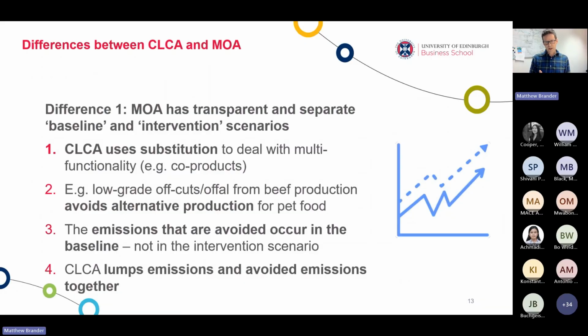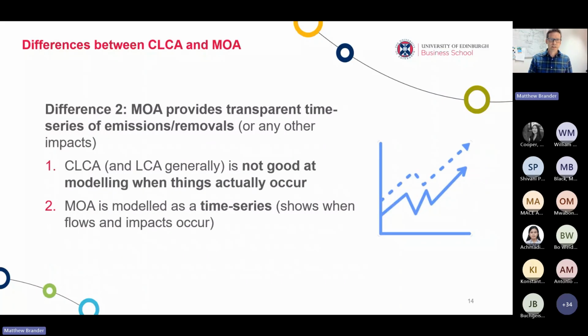So you don't have that very transparent separate modelling of baseline scenario emissions and intervention scenario emissions. I mean, this is largely presentational. The end result number in terms of the change in emissions isn't different. It's just the presentation that is different.